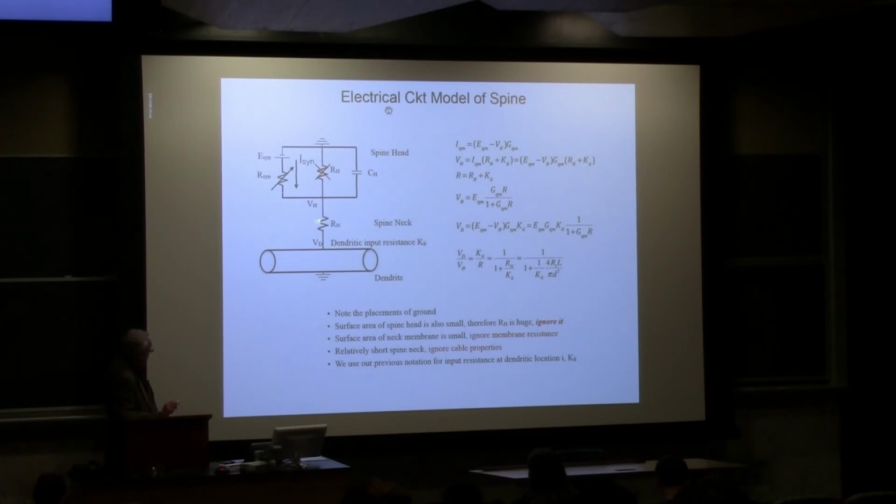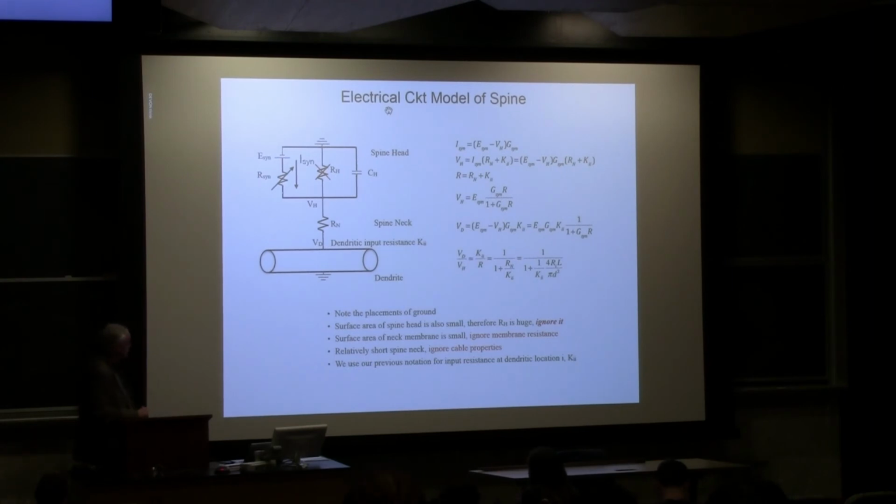This spine has a shaft that's protruding from the dendrite, an enlarged spine head, but on the other side of the membrane forming that spine head is the extracellular space. So that's ground 2. The assumption is that these two locations are isopotential, they share ground, extracellular space is just the ground. So that's why there are these two symbols for electrical ground in this circuit diagram.